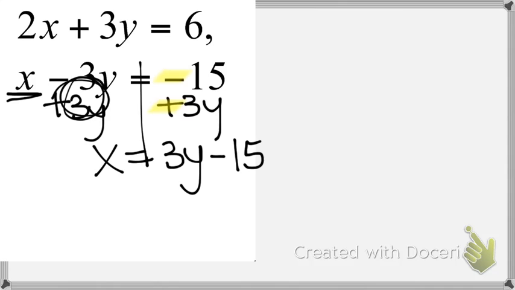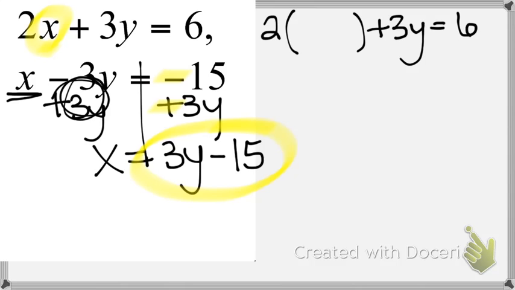So now I know the value of x. X is all of that. So in the top equation, in for x, I'm going to be replacing that. So 2 parentheses plus 3y equals 6. And in that spot, I am putting in 3y minus 15.